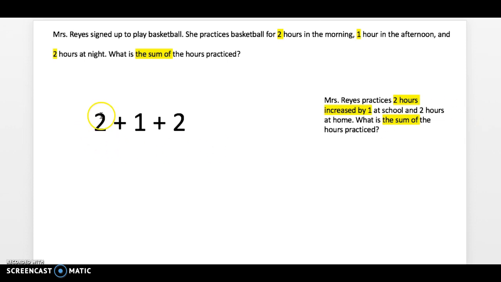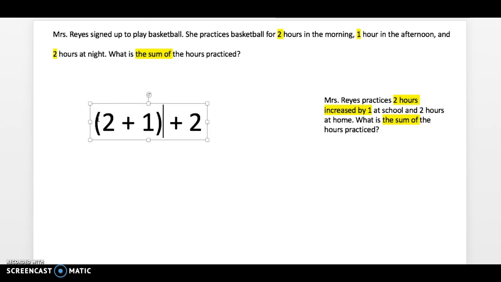So what we will do is take our 2 and 1 and put them in parentheses. Mrs. Reyes practices 2 hours increased by 1 in the morning at school and 2 hours at home. Now my numerical expression reflects that she practices at school before she practices at home.